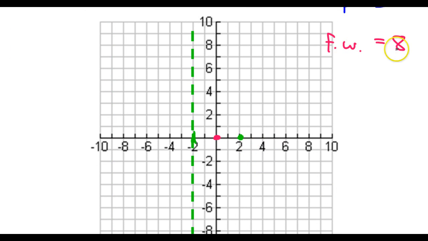So if the focal width is 8, that means from the focus I can go up 4 and down 4 for a total of 8 across. And these 3 points are enough for me to draw a rough sketch of this parabola. So there you go, we sketched the graph.